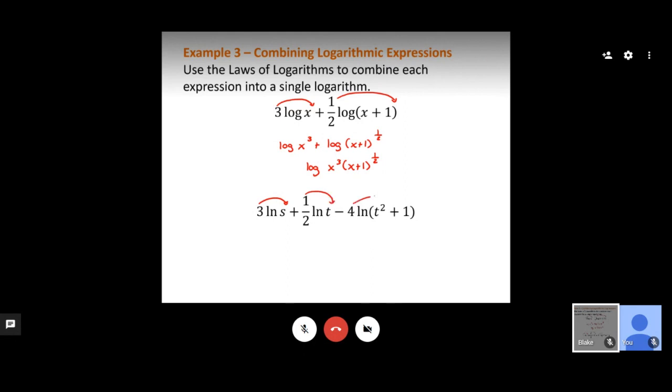And then I've got this 4 that can go to the exponent there. And notice I'm not thinking of that as a -4, right? Because the minus piece is going to be taken care of when we combine them. So it's only the 4 that's going to get moved. So we're going to get natural log of s to the 3rd plus natural log of t to the 1/2 minus natural log t squared plus 1 to the 4th.